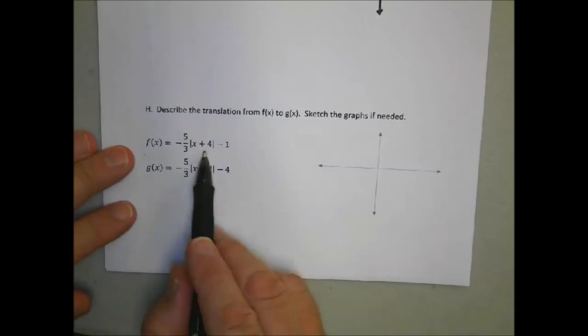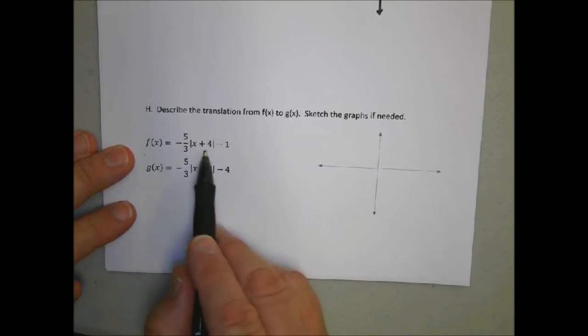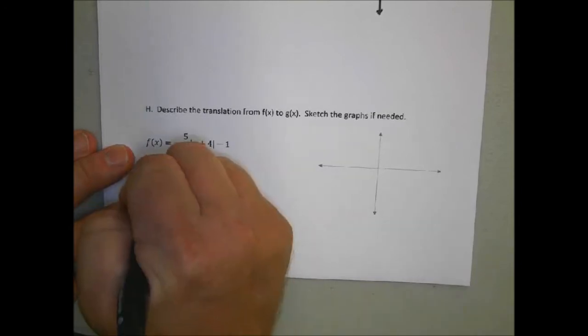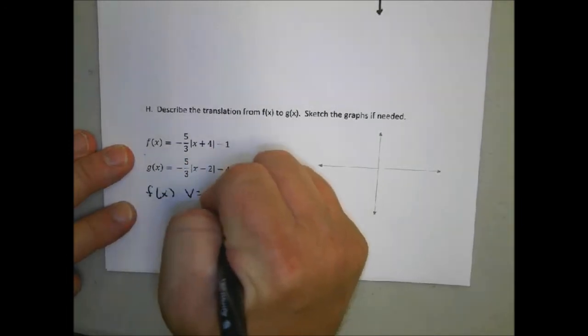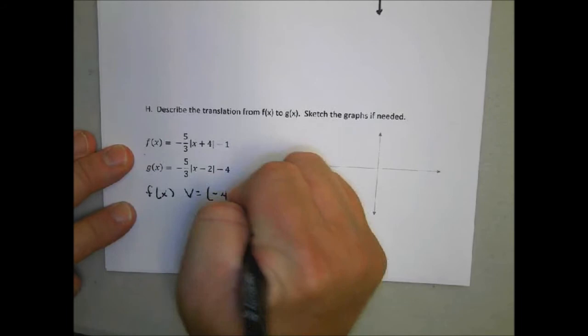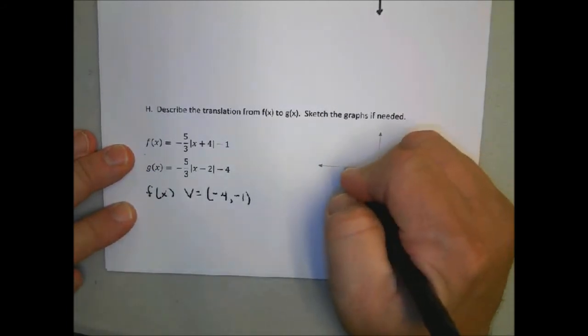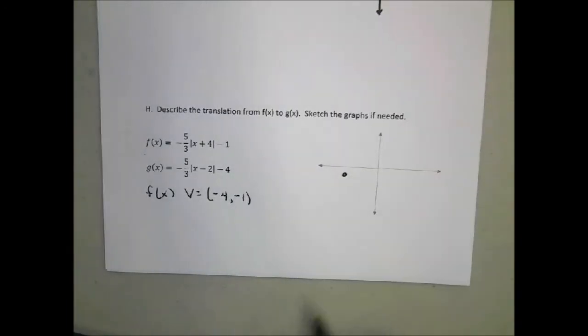Now, the f of x. The vertex of the f of x downward v would be negative 4, negative 1. So f of x has a vertex of negative 4, negative 1. So we might as well plot it. Negative 1, negative 2, negative 3, negative 4, down 1. And the slope is down 5 over 3.